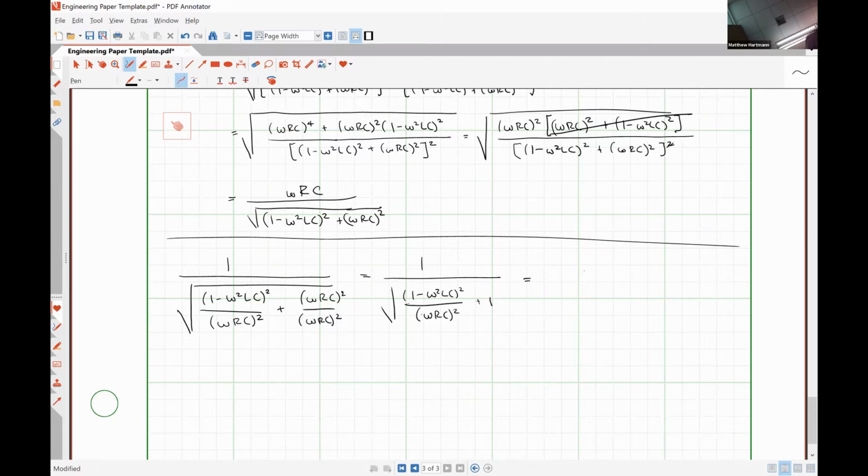And I'm trying to figure out at what frequencies this equals 1 over the square root of 2.